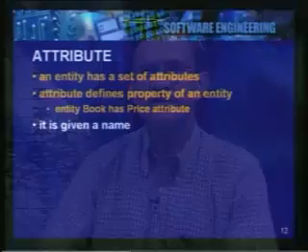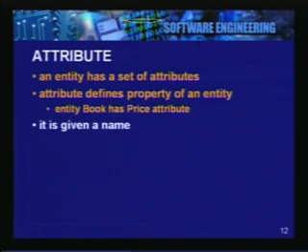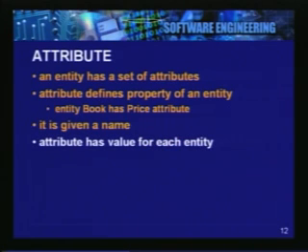So, this is how we put the concepts together and try to give a very precise meaning. So, we now say that price is an attribute. It belongs to the entity set called book. So, all books now will have some price value. Attributes have a value for each entity, and these values would naturally differ from entity to entity.